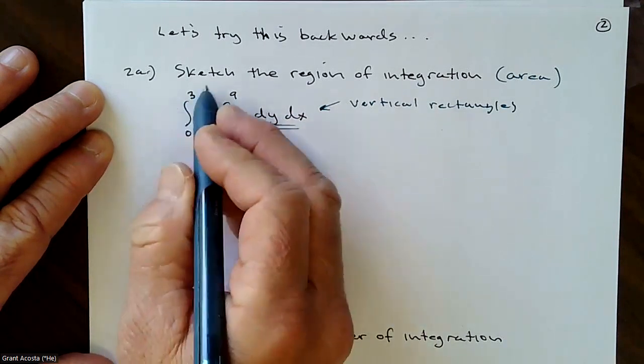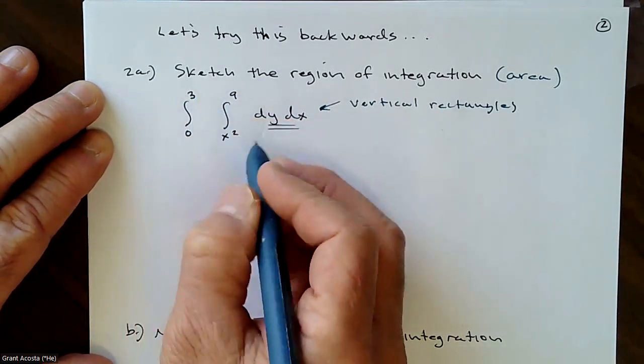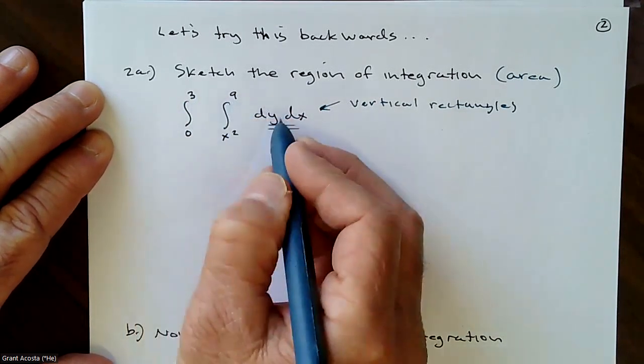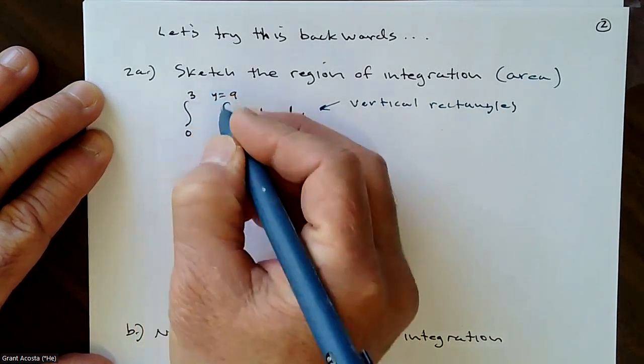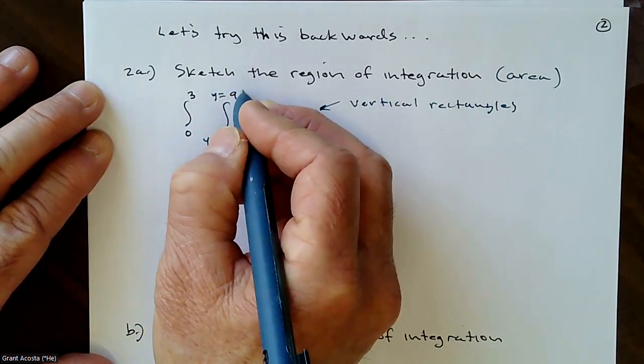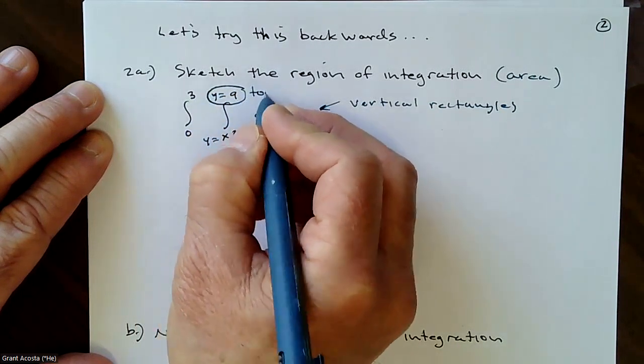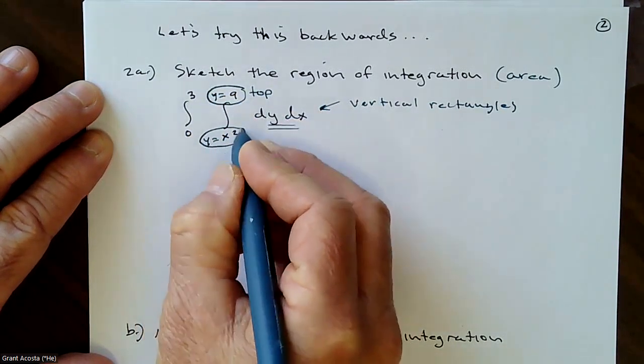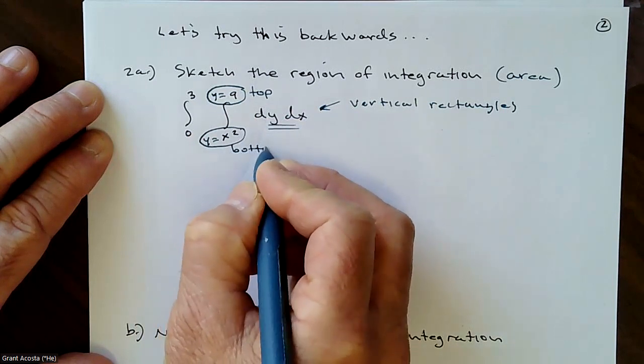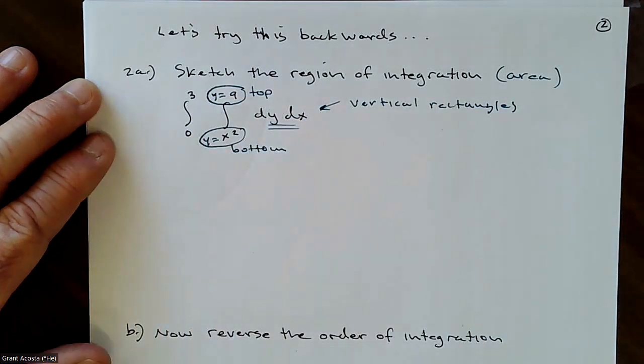Oftentimes they write the limits here and don't indicate which variable, but remember that the inside one in this case, these are y. This is y equals 9, y equals x squared. In my region of integration, this is what my rectangles hit on the top. This is what they hit on the bottom. So I've got a pretty good starting point here.